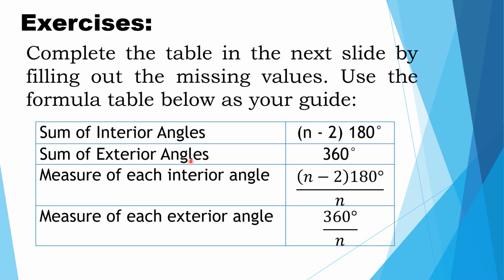Sum of the exterior angles is equal to 360 degrees. Measure of each interior angle is equal to n minus 2 times 180 degrees divided by n. Measure of each exterior angle is equal to 360 degrees divided by n. n is the number of sides.